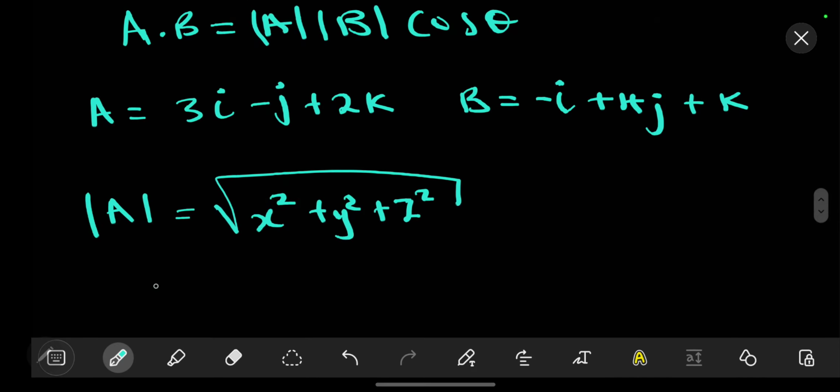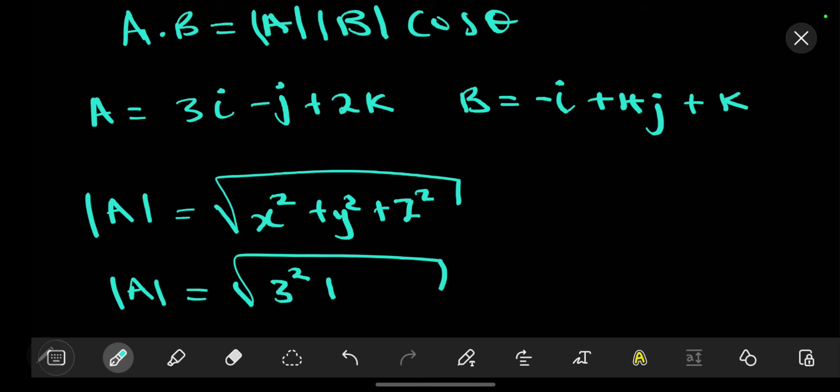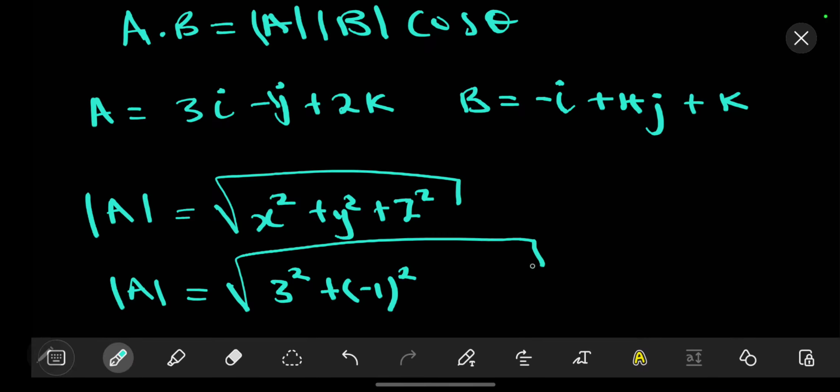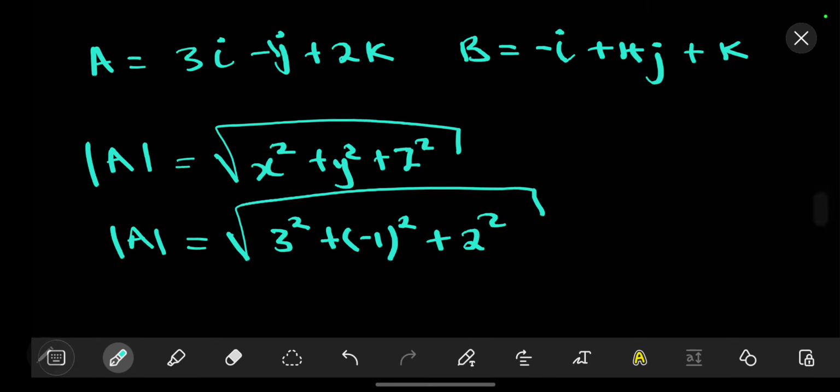So now our magnitude of a should be equal to the square root of, what's our x squared? We are just looking at coefficients. So we get 3 squared plus our y, the coefficient of j here, which is negative 1. We put negative 1 in brackets, squared. Then plus our z squared, which is this component, 2 squared.